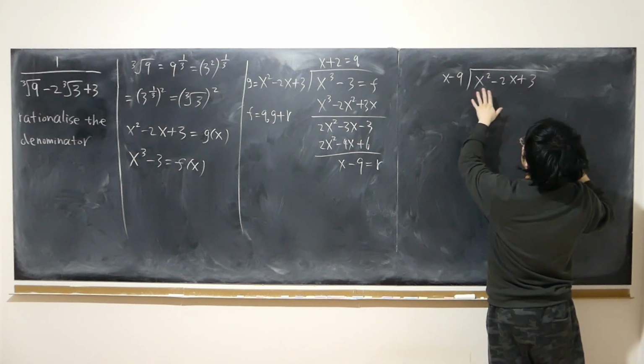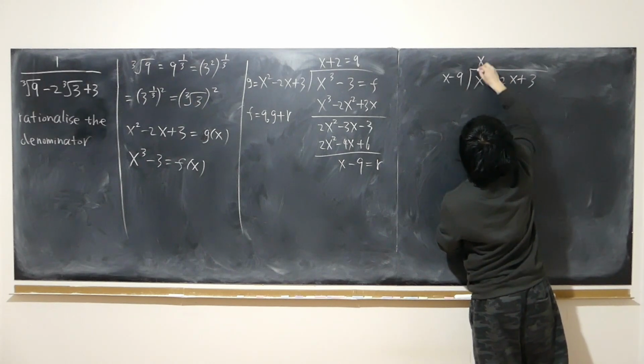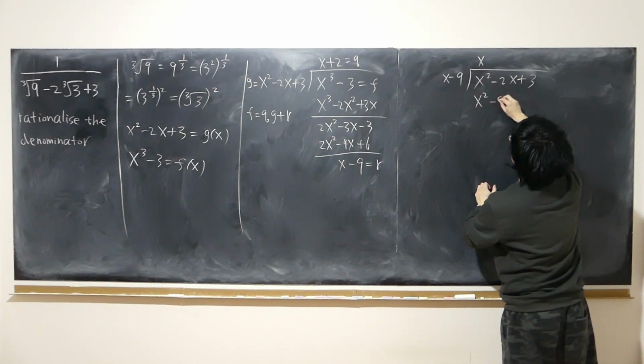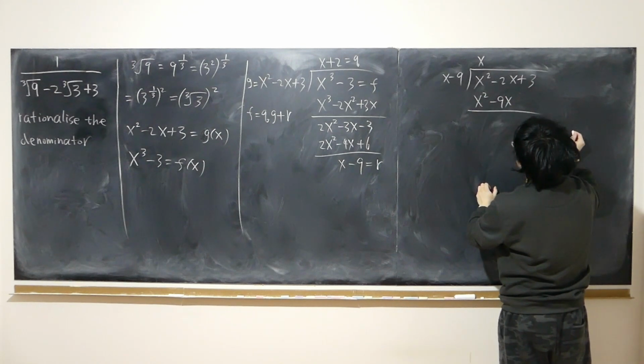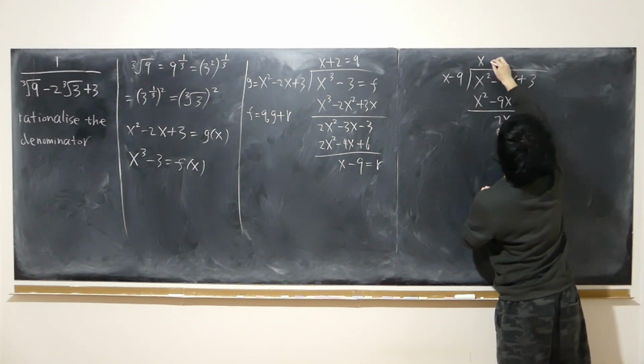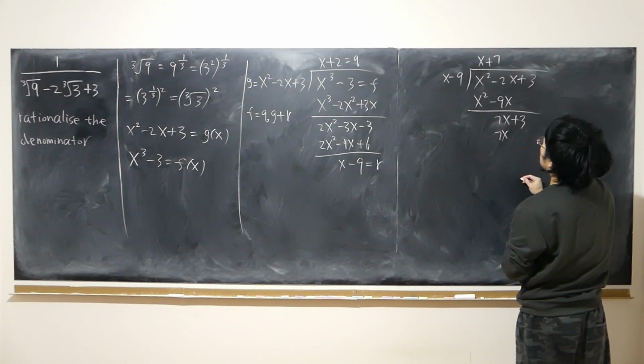Now, x times what equals x squared? x, right? So x squared minus 9x, 7x plus 3. x times 7 equals 7x, right?